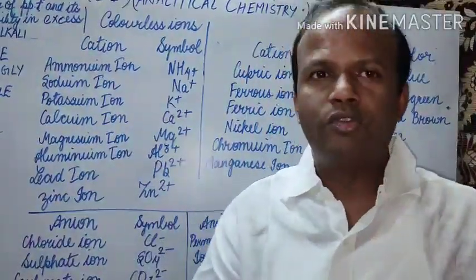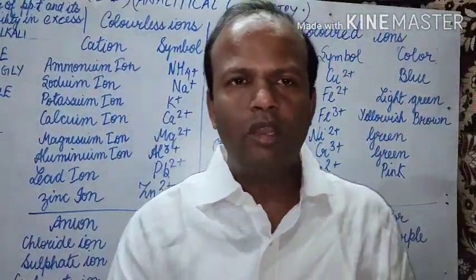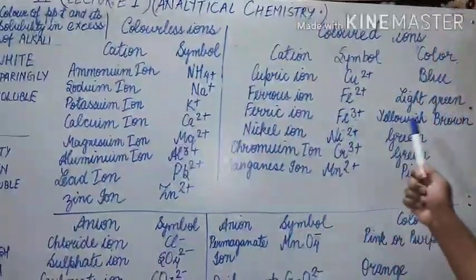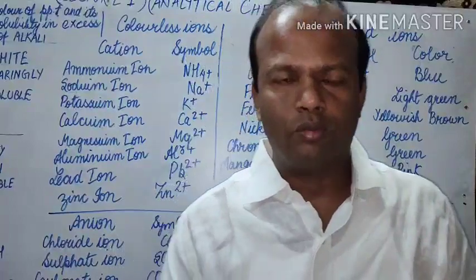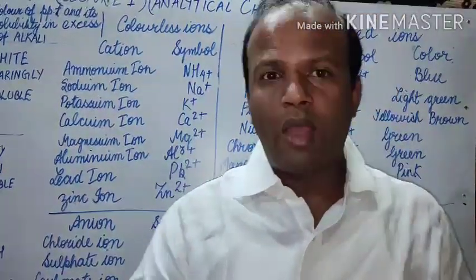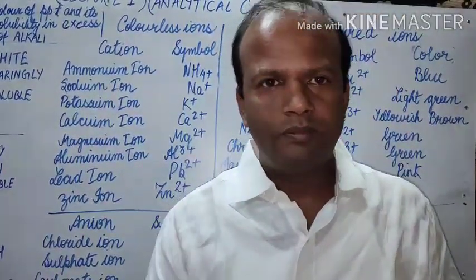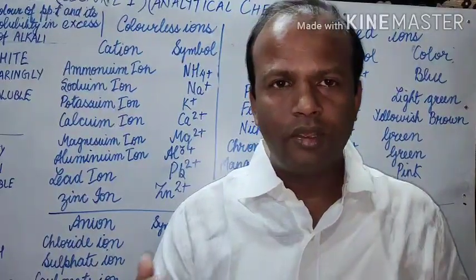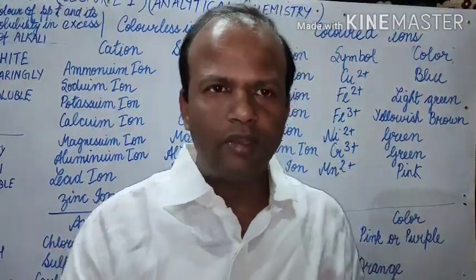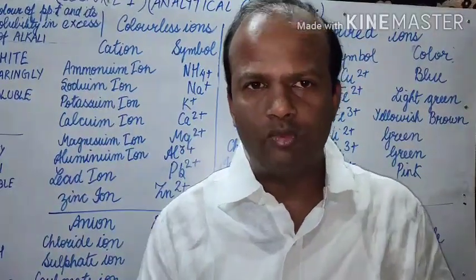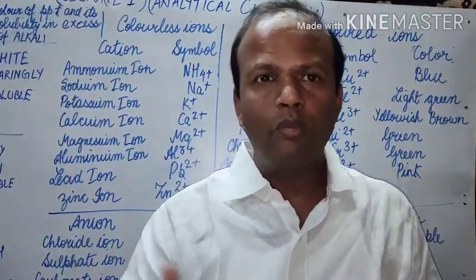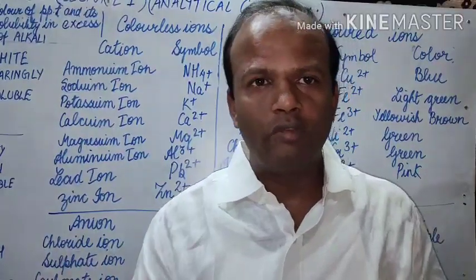If you are getting, suppose, a green precipitate, immediately it will come to your mind that it can be ferrous, Fe plus 2. Now in white we have calcium, lead, zinc. So there is a differentiation between them. Some we get gelatinous white, some simple white, some chalky white.